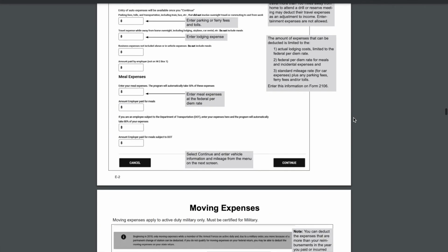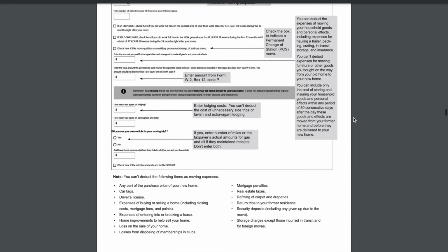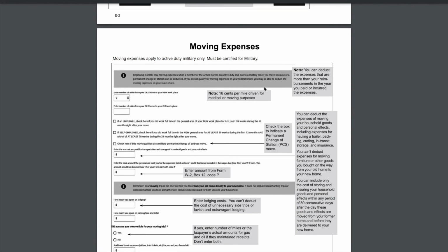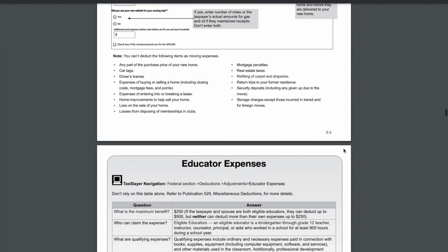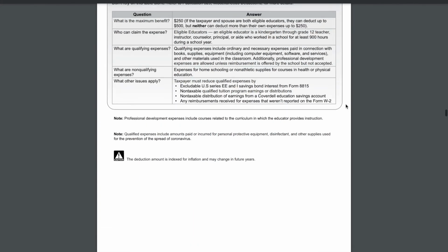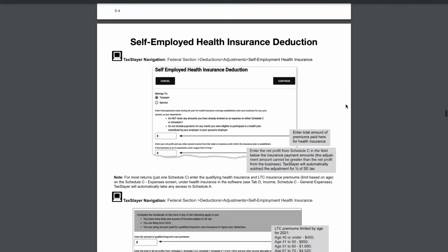As you see here, as we keep going down, these show you how you can enter specific types of adjustments within TaxSlayer, and it gives you instructions on how to actually do those. So here, this talks about educator expenses, which we talked about in the lecture there, and this gives you a lot of the helpful info that we already talked about currently, and that's on page E-4 for future reference.